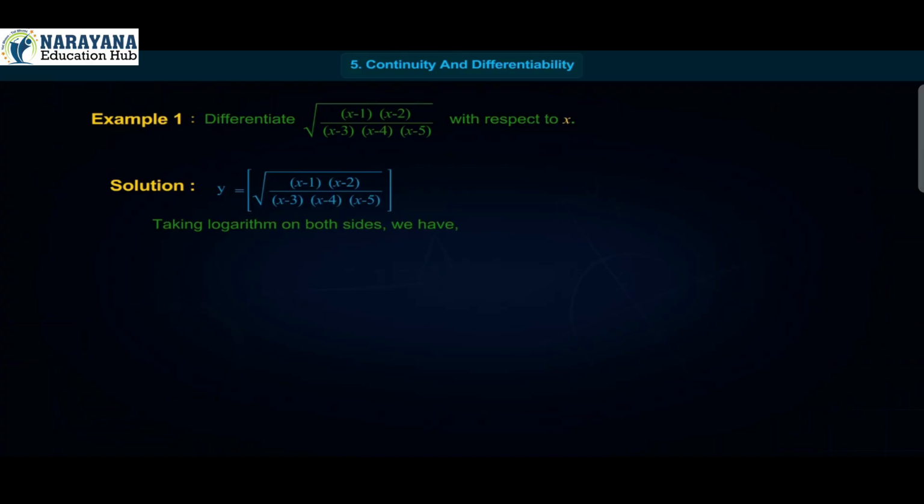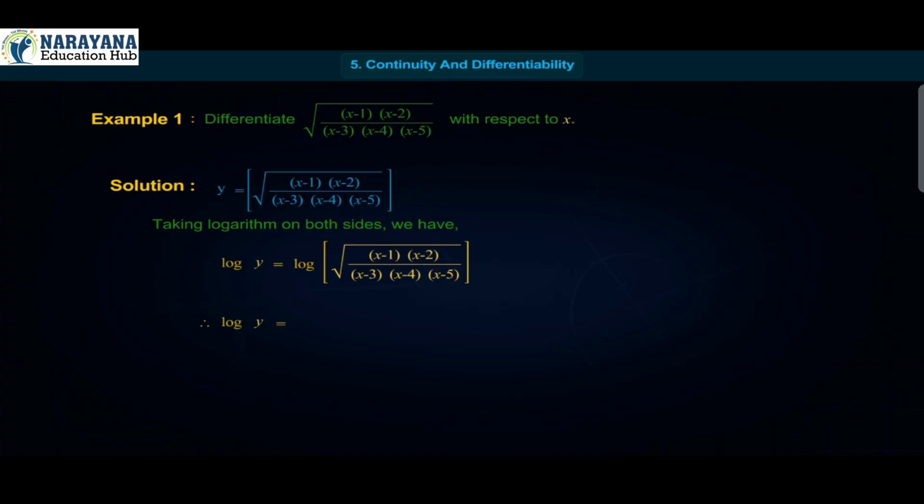Taking logarithm on both sides, we have log y is equal to log of square root of (x minus 1)(x minus 2) upon (x minus 3)(x minus 4)(x minus 5).